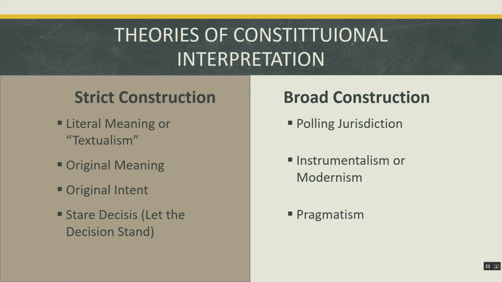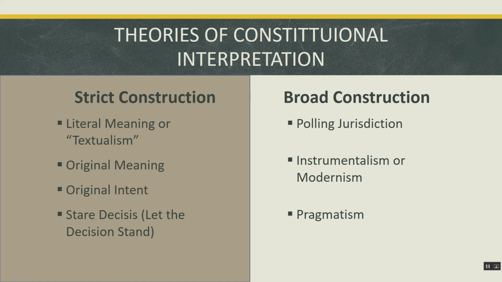Broadly speaking, judicial restraintists, or constraintists as they are sometimes called, believe that we should have a strict construction or strict interpretation of the Constitution. A strict construction of the Constitution is sometimes called a narrow construction or narrow interpretation.